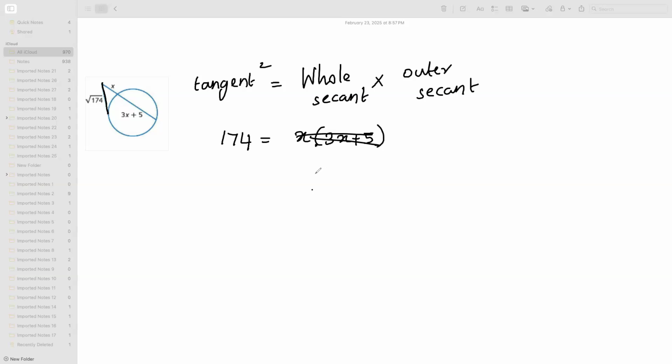So far, because I added x plus 3x, 4x, plus 5 times x, which is 4x squared plus 5x minus 174. 4x squared plus 5x minus 174 equals 0. Yeah, because the square root of 174 is squared is 174. Okay, now you have to solve the quadratic equation.